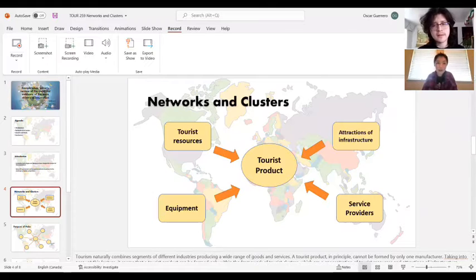Okay, networks and clusters. So tourism naturally combines segments of different industries, producing a wide range of goods and services. A tourist product in principle cannot be formed by only one manufacturer.